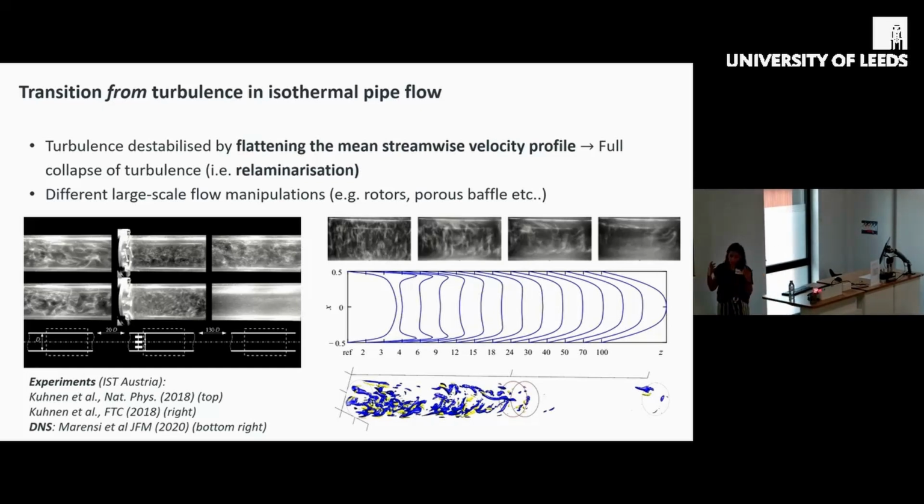They also had other methods, but basically the common feature of all these methods to relaminarize the flow was this flattened mean streamwise velocity profile, like you see here. In this case, the turbulence was destabilized by this flattened profile, which basically interrupts the continuous energy transfer from the mean shear to the eddying motion, and then leads to the collapse of turbulence farther downstream.